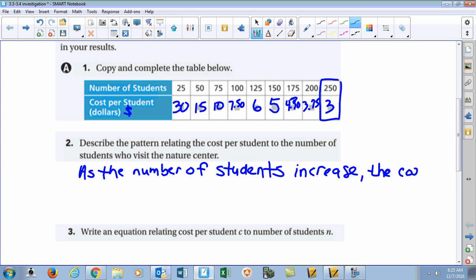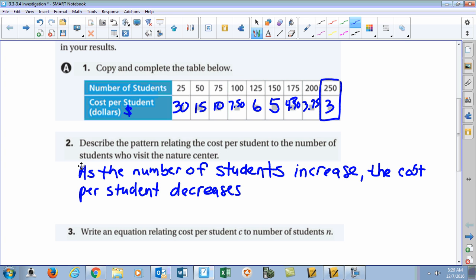The cost per student decreases. But we've got to add a little bit more to it. Something very important. How can we tell this is not linear? Linear has what? A constant rate of change, right? Does this table have a constant rate of change?